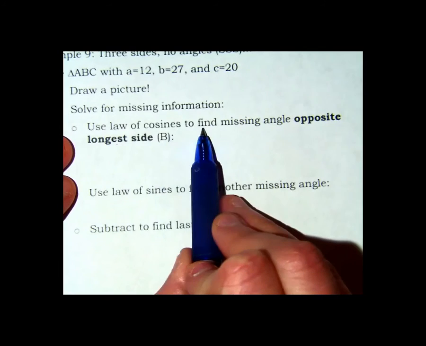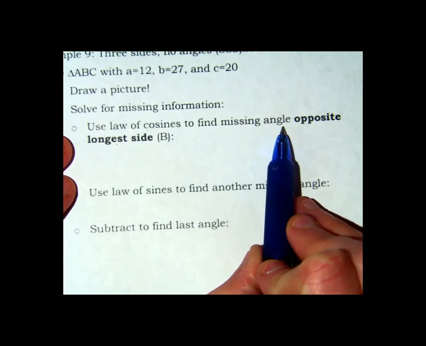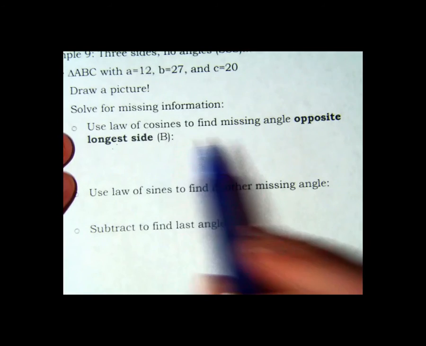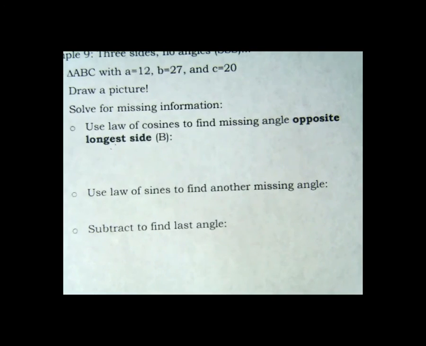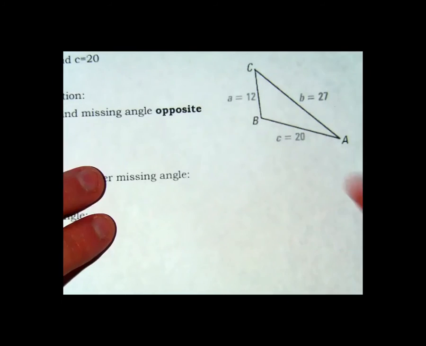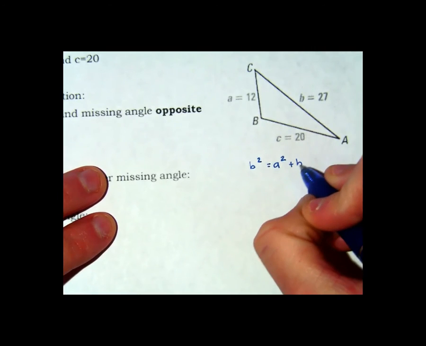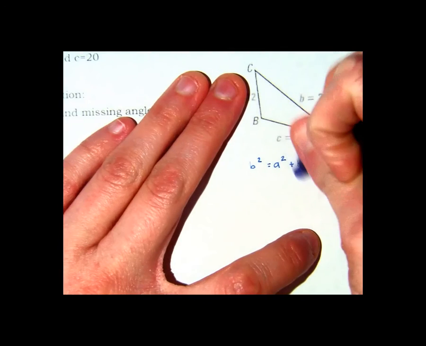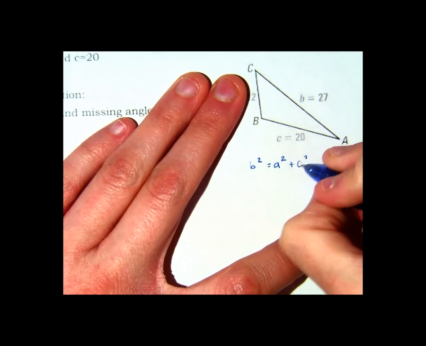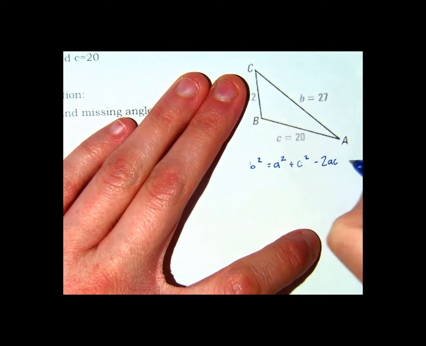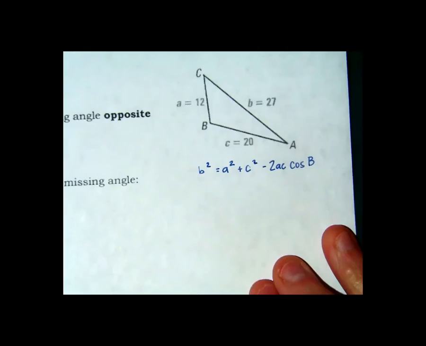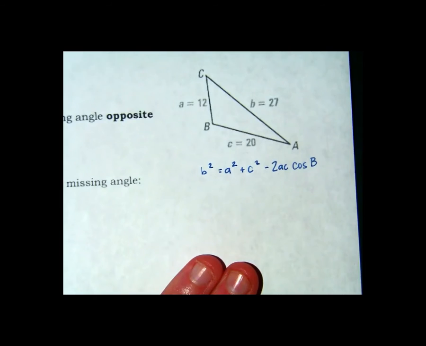First, it says use the law of cosines to find the missing angle opposite the longest side, B. Now, why in the world you have to do the longest one, I have no idea. You could do any of them first. But since it says B, we're going to use B, because we are looking for the angle B. I don't have enough room to do all this there, so I'm going to do it over to the side.